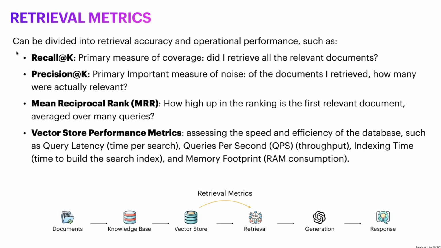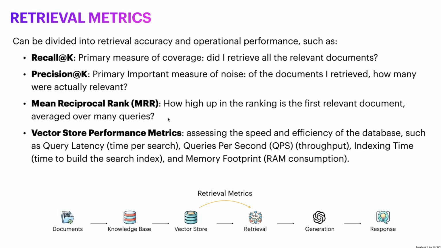In a typical classification task, we also measure recall and precision, but more often we use, say, accuracy and F1 scores to indicate performance. But here, when we do retrieval, we tend to use recall and precision more frequently than accuracy and F1. And the next one is MRR, which stands for mean reciprocal rank.